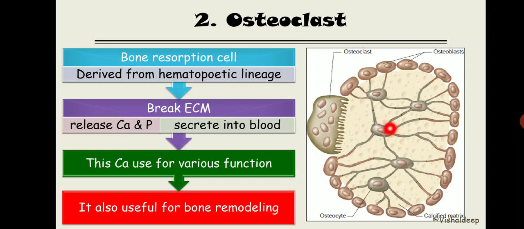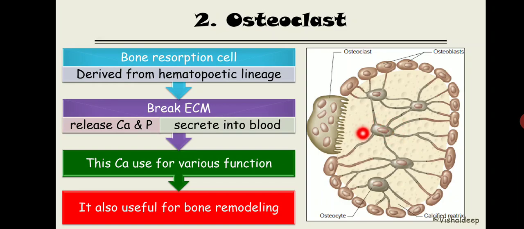Right? So to make bone remodeling, this osteocyte first gives information to the osteoblast. Now this osteoblast somehow activates the osteoclast. Let me repeat one more time. When bone gets remodeled, this osteocyte is the mechanical sensor that senses the compression or any other mechanical stress that the bone can handle.